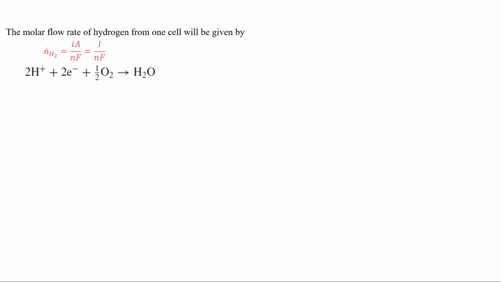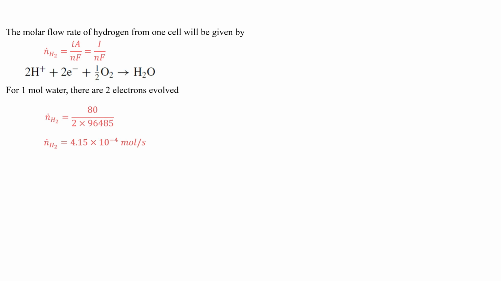So for 1 mole water n is equal to 2, because for 1 mole water 2 electrons are involved in an electrochemical reaction. So by substituting n equals 2, I equals 80, and Faraday constant is 96485, the molar flow rate of water required is 4.15 × 10^-4 mole per second.